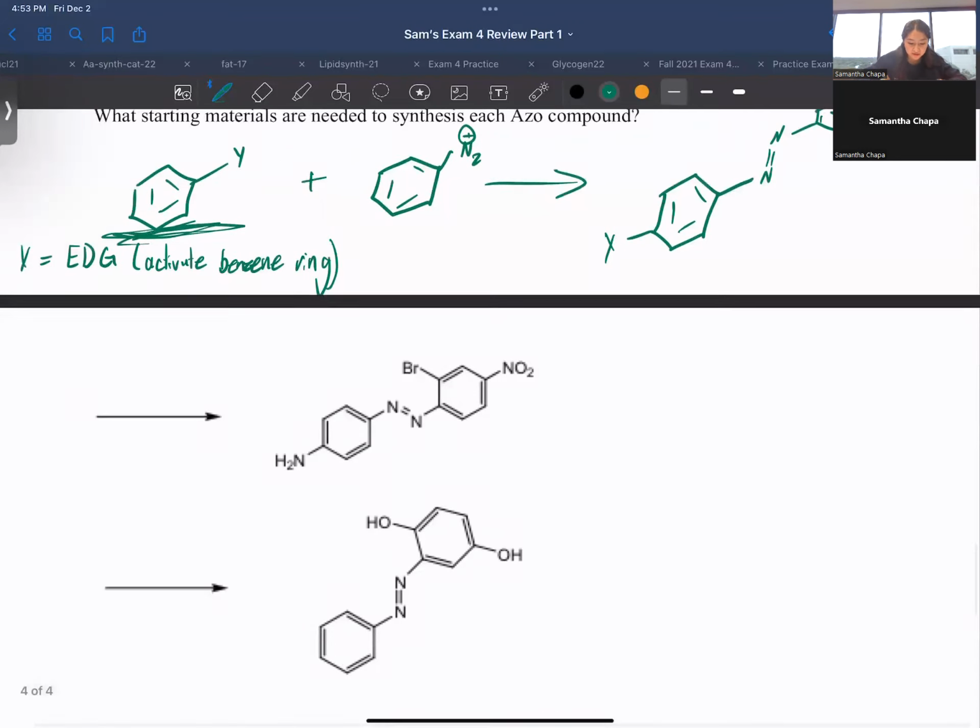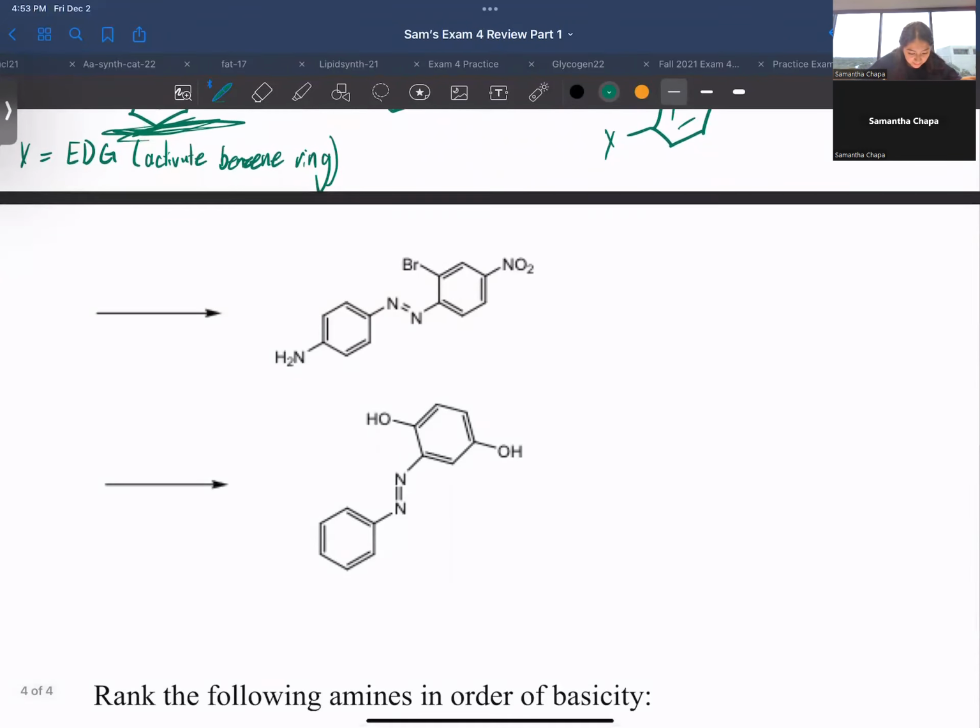So let's try out this next one. For this synthesis, I'm asking you to provide the reagent as normal. What I'm going to do first is identify my electron donating groups or electron withdrawing groups. On this benzene ring, I have an electron donating group right here, electron withdrawing right here, electron withdrawing right here. Cool. Then again, you separate both of your reagents. One of them has to be a benzene ring with an electron donating group. This is your activated benzene ring.